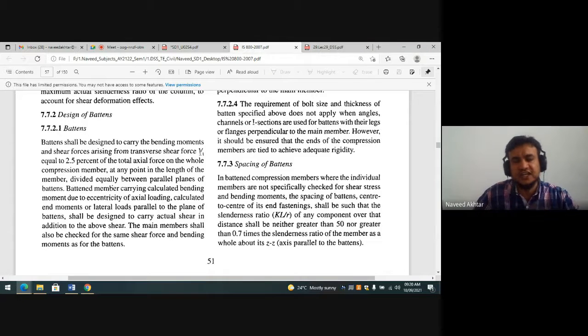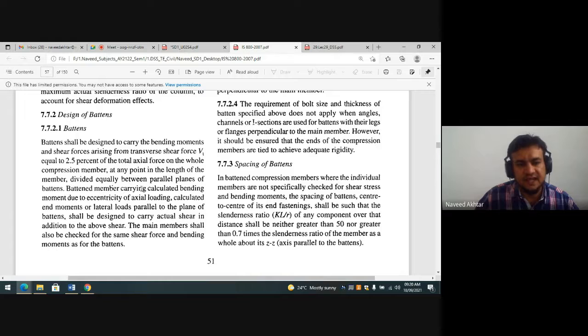We have also taken the transverse shear force in the lacing system also. The transverse shear force Vt equal to 2.5% of total axial force on whole compression member at any point in the length of the member, divided equally between parallel planes of battens.